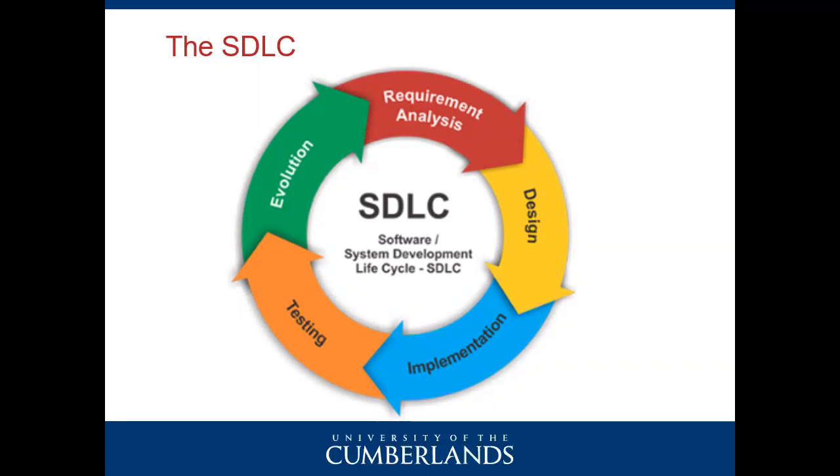Then we move into design. We take those requirements, break them down, decompose them into manageable chunks of functionality. Maybe some of that stuff will be off the shelf. Some of it will be custom coding. So we design our system all the way through. Then we implement it with code or with COTS software or whatever the case may be. Then we test it and then go back again. So there are a lot of parallels with developing an academic paper, almost like you would develop a computer program.